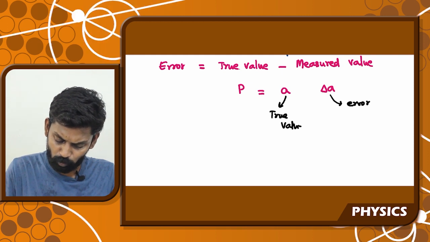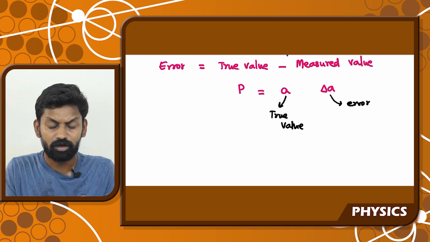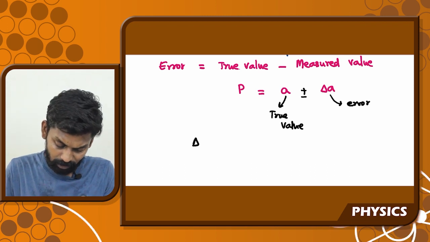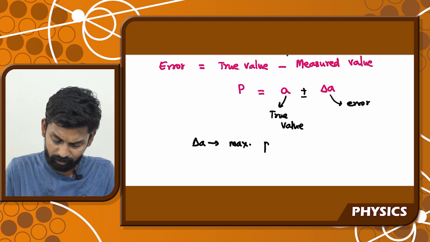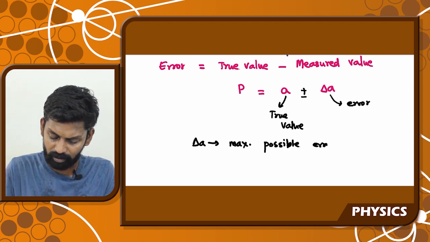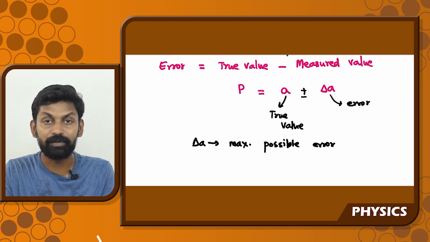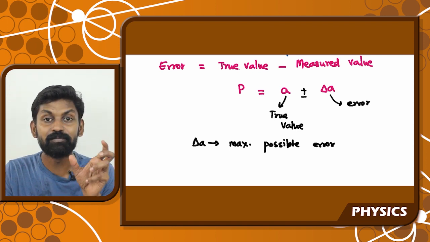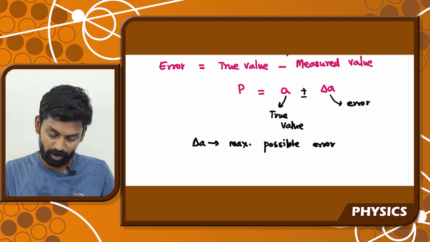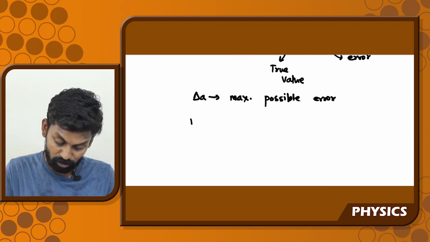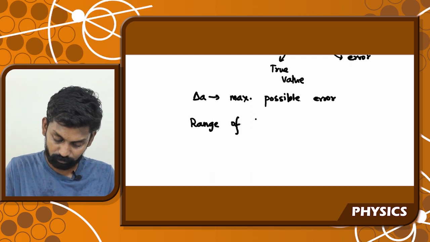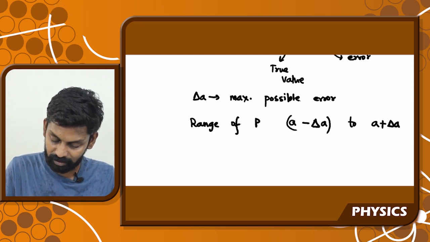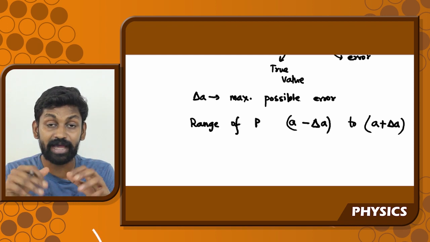There is always a small variation between the true value and the measured value of P. So P can be written as A plus or minus delta A. That means delta A is the maximum possible error when we are measuring the physical quantity P. When we are measuring the value A, there is a small deviation and the maximum possible deviation is delta A. So the range of values of P will be from A minus delta A to A plus delta A. Delta A is the maximum possible error.